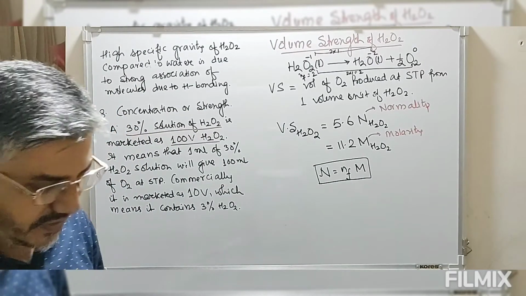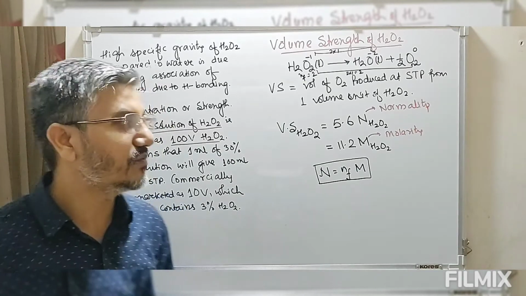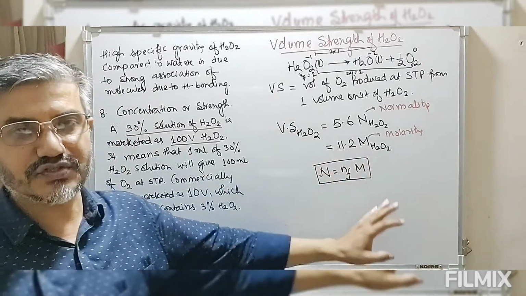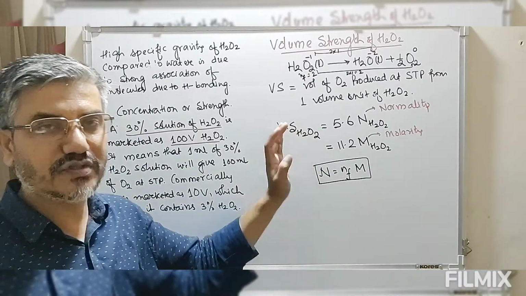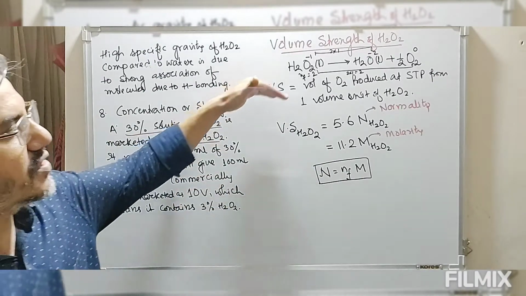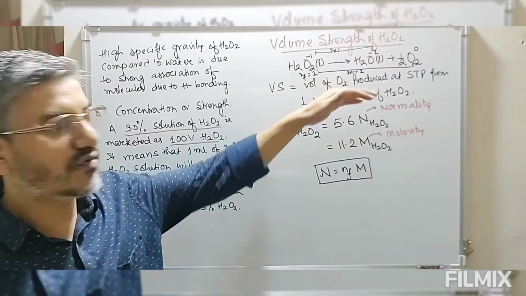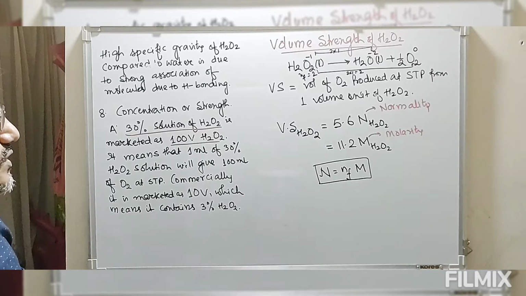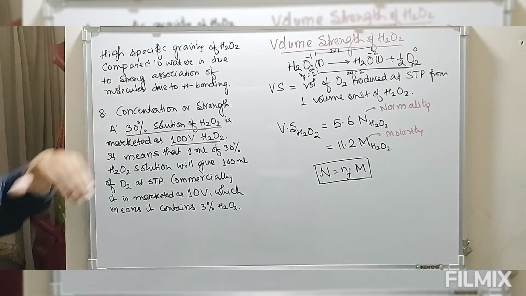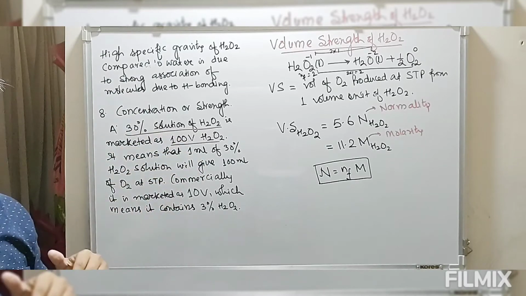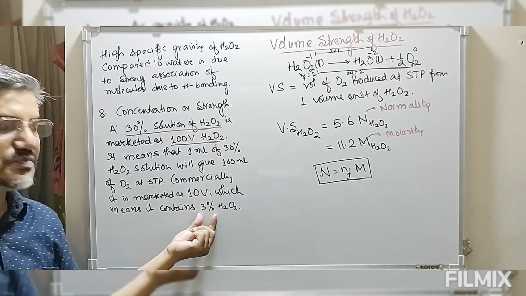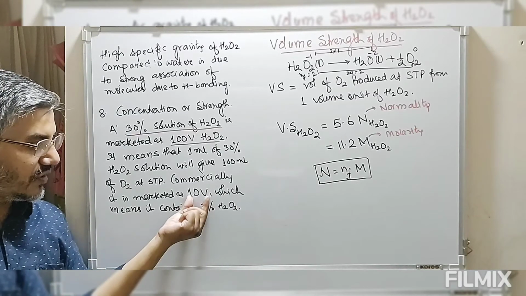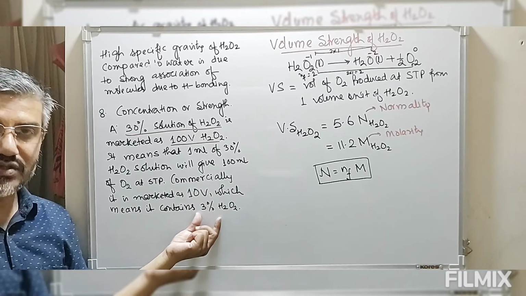So, if we have to find the volume strength from the concentration, we use this relationship. Once we have the concentration, we can easily find the volume strength. The volume strength is defined as the volume of oxygen gas produced at STP from 1 volume unit of hydrogen peroxide. What we have to keep in mind is that the commercial sample available in the market is marketed as 10 volume. 10 volume corresponds to 3% hydrogen peroxide.